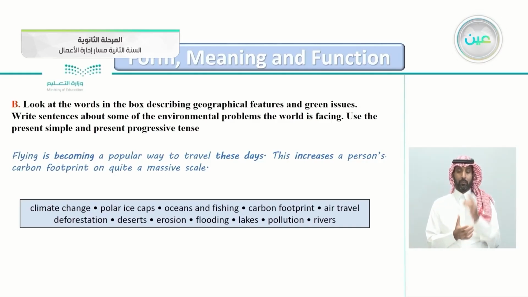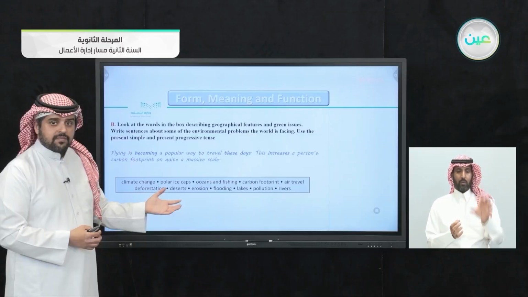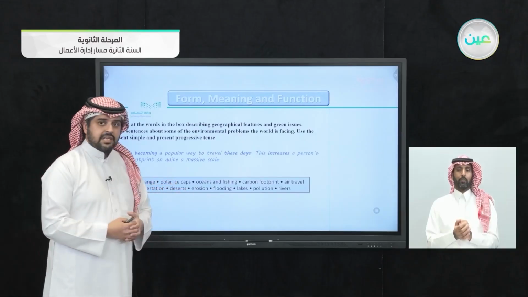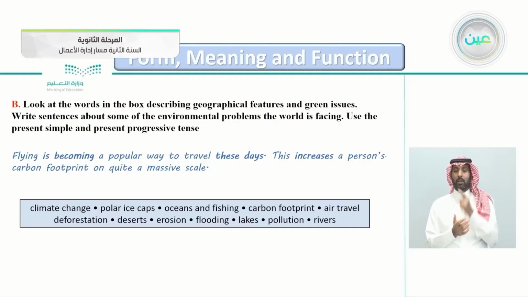So you can use some of these words: climate change, polar ice caps, oceans and fishing, carbon footprint, air travel, deforestation, deserts, erosion, flooding, lakes, pollution, rivers, and so on. You can use any of these words to write maybe one or two lines describing geographical features or green issues.